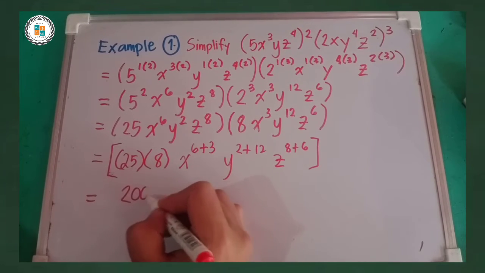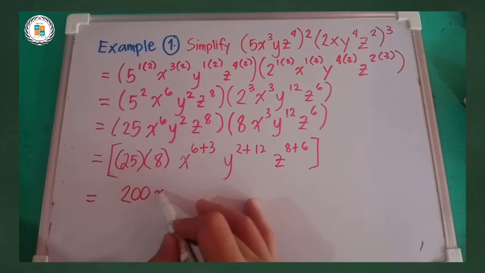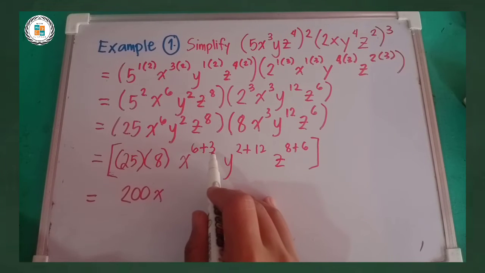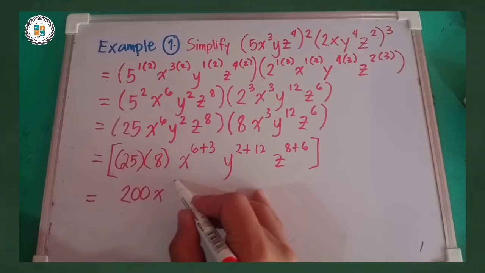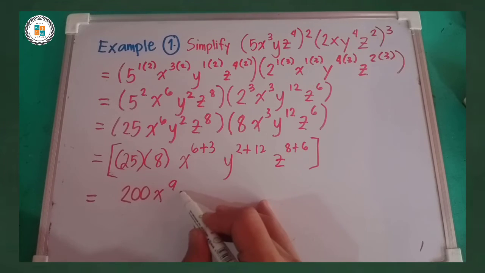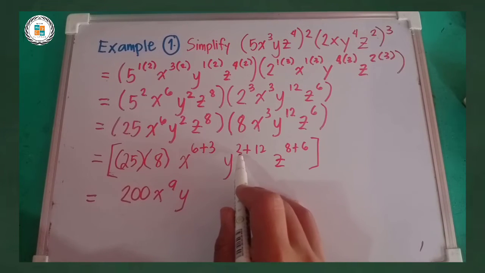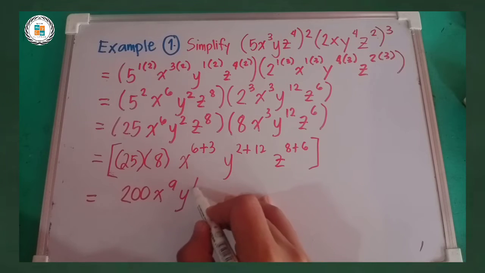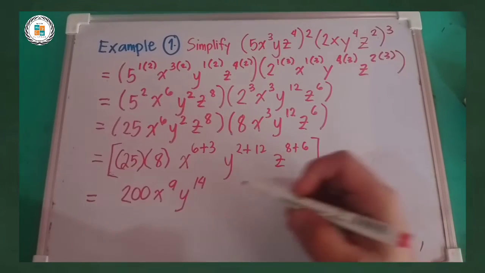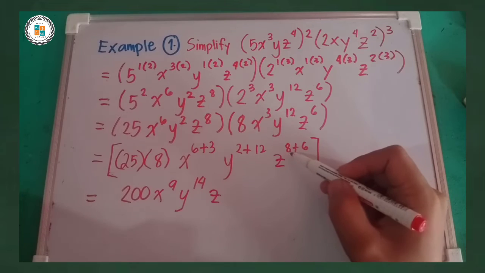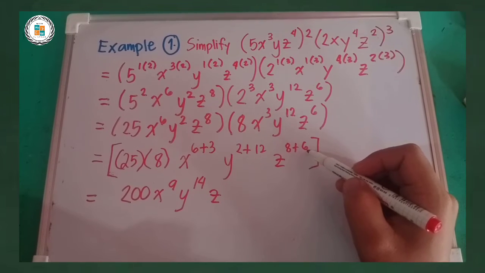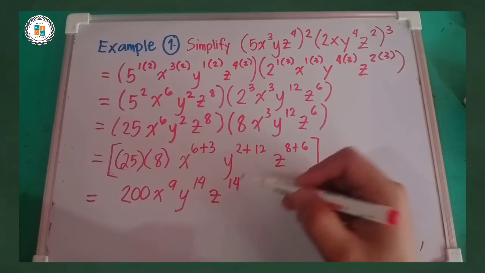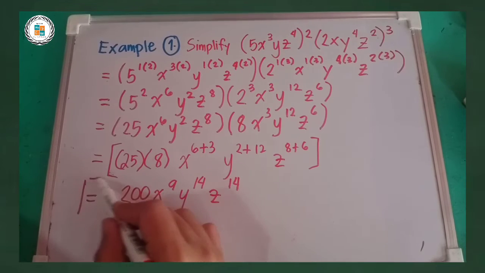Very good. Then x raised to the power of 6 plus 3, that's equal to 9. And y raised to the power of 2 plus 12, that's 14. And z raised to the power of 8 plus 6, that's also 14. So, this is the final answer.